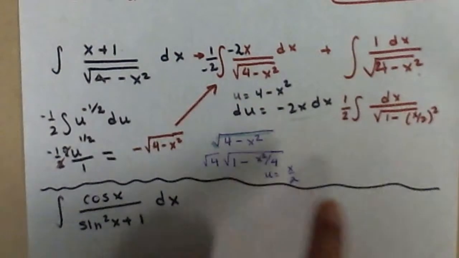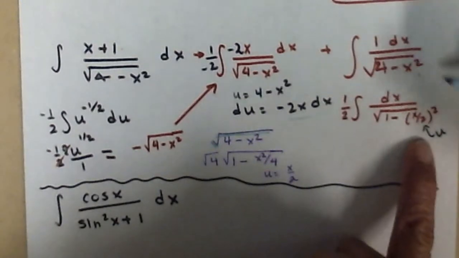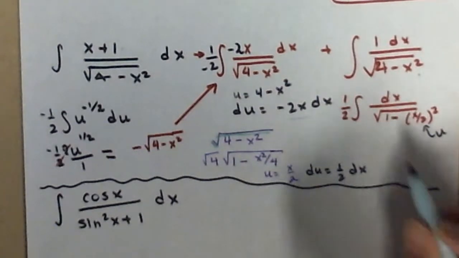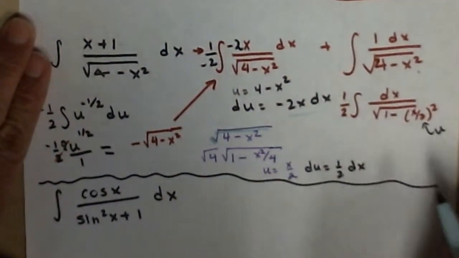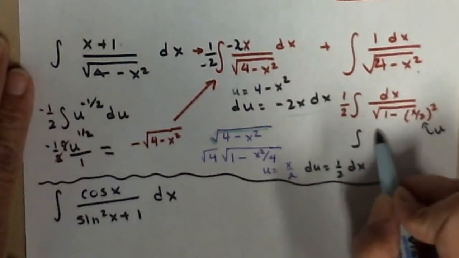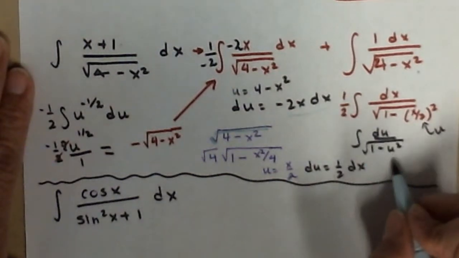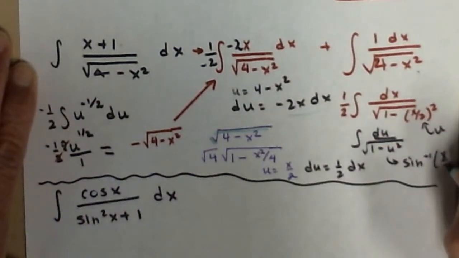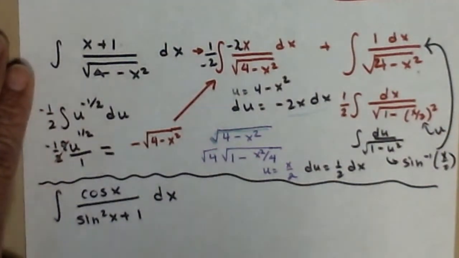So that's u, and du would be 1/2 dx, which I happen to have exactly right there. So I have the integral of du over the radical of 1 minus u squared. So this guy here is the inverse sine of u, which is x over 2. And that is the antiderivative for my second fraction.